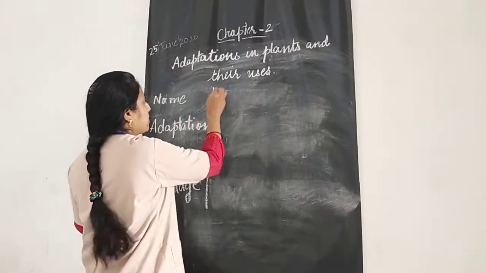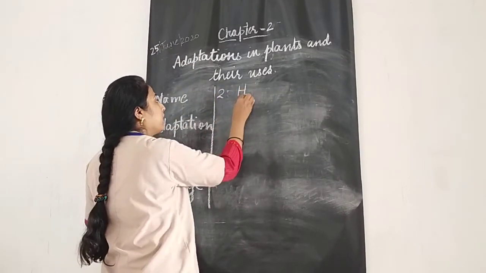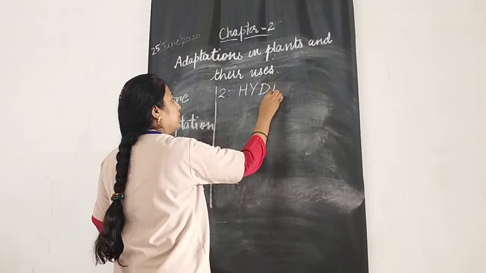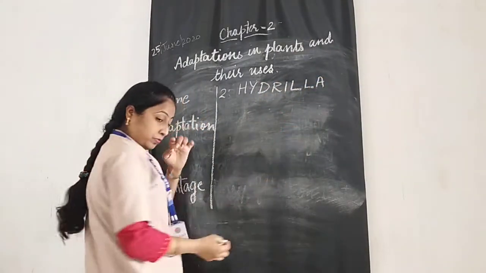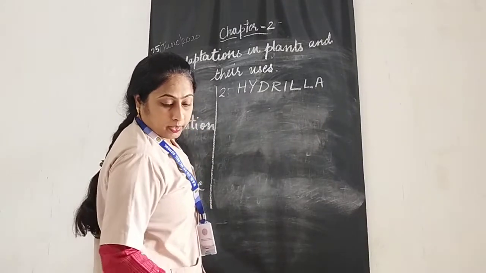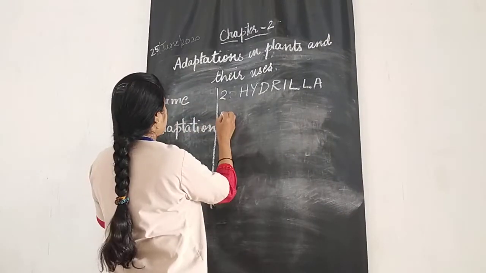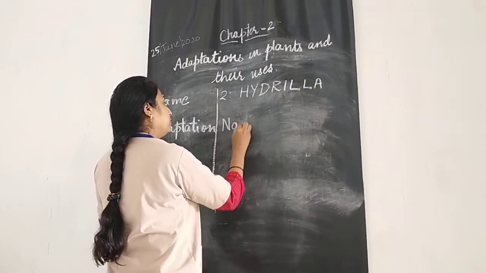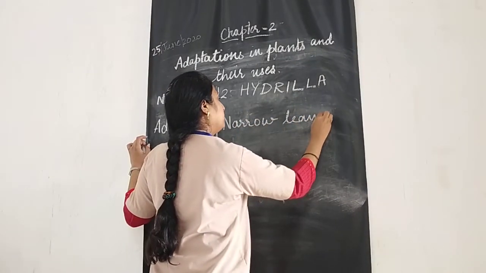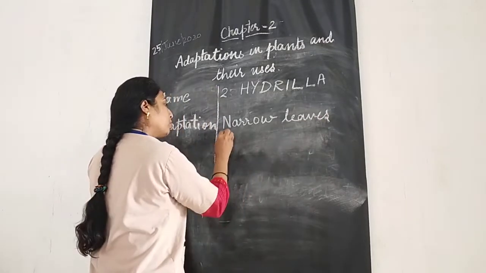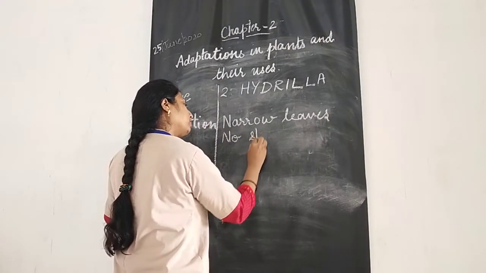Next, second plant is Hydrilla. They have narrow leaves, no stomata is present.